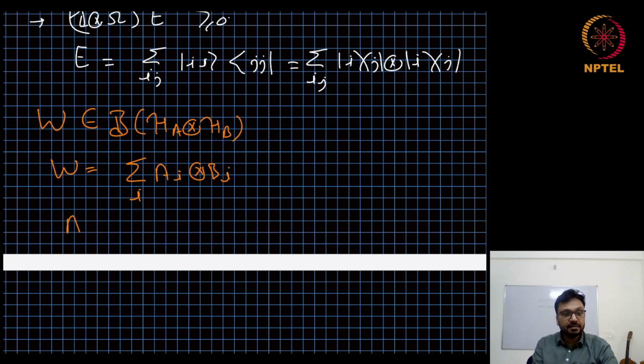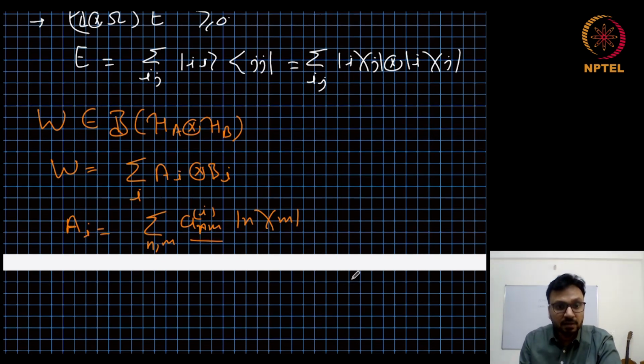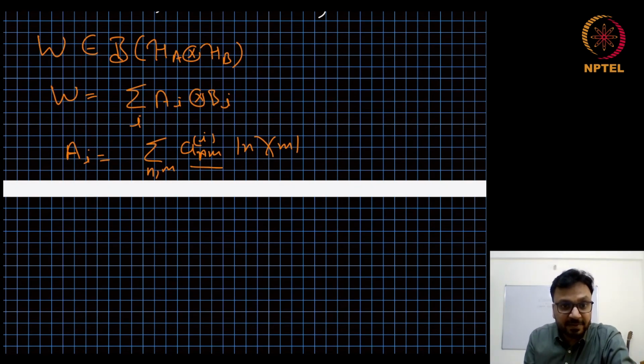Now any matrix A, the A_i here for example, can be written as sum over n, m of a_nm |n><m|. In this, if |n> is a computational basis, then a_nm is the coefficient of matrix A_i. Let me put i also somewhere here. The a_i,nm is the coefficient of matrix A_i at location nm. So we have matrices, we have locations at 1,1, 1,2, 1,3, and so on. So this will be the element at the nm location. Similarly we can write for B, but we don't need to here.